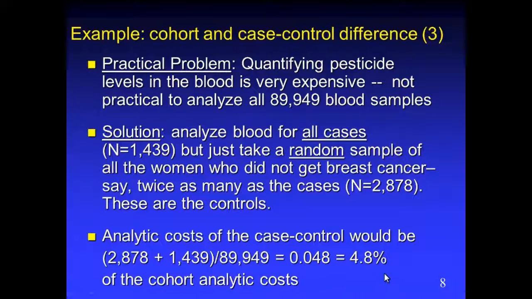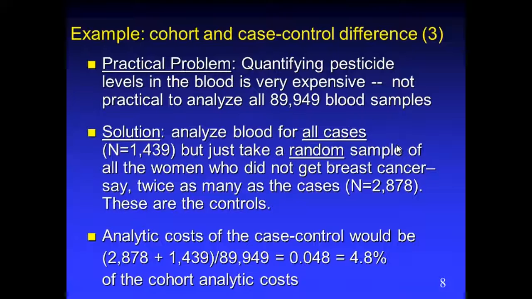So the problem is that if we had to analyze the blood samples of 90,000 people, that would be very expensive. So the solution that we adopt is we take all of the cases, 1,400 or so, and then we just take a random sample of the women who didn't get breast cancer, say twice as many as the cases.